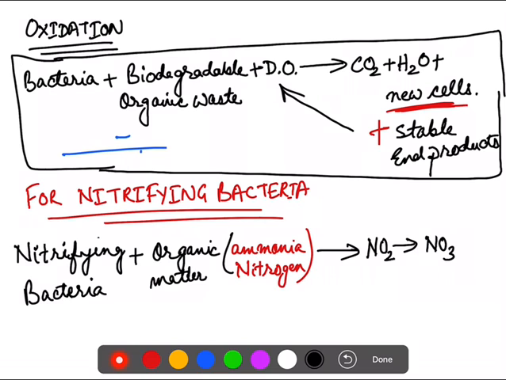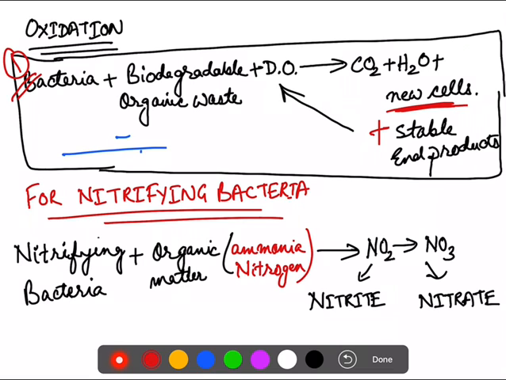Okay, so this is your nitrite, and this is your nitrate, the stable end product. So the first equation is a general oxidation reaction, and the second reaction is specifically for the nitrifying or nitrification process.